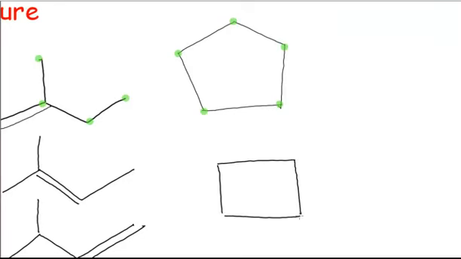I can draw a 4-membered ring with a 1 carbon branch. Let's go ahead again and count carbons. 1, 2, 3, 4, 5. And let's figure out the number of hydrogens on each of these carbons. And this time I am going to draw them in for you. This one right here has only 1 bond showing. That means that I need to add 3. Let's add 1, 2, 3.